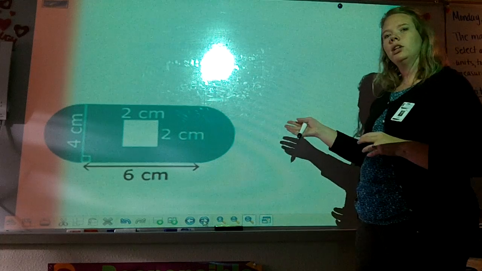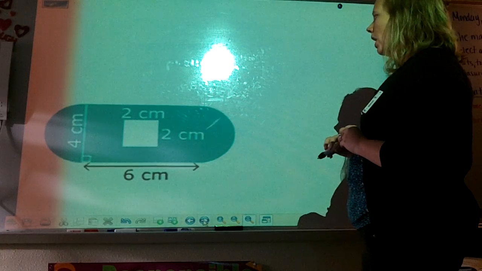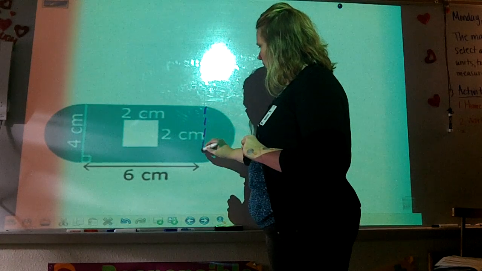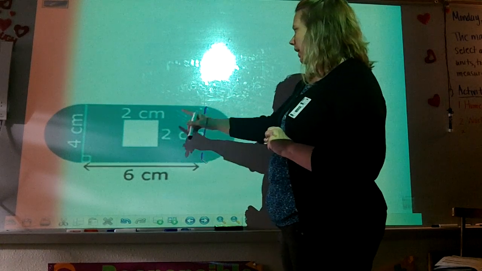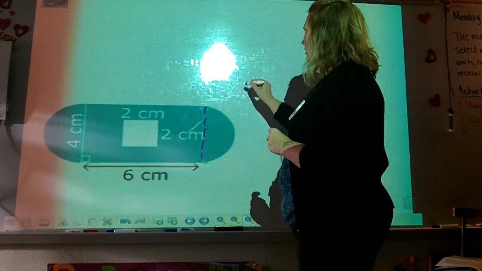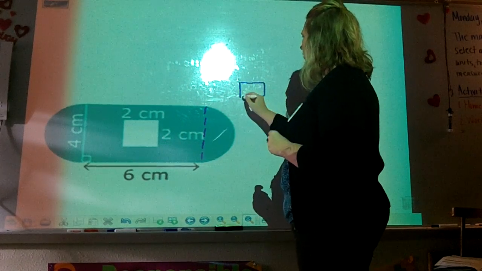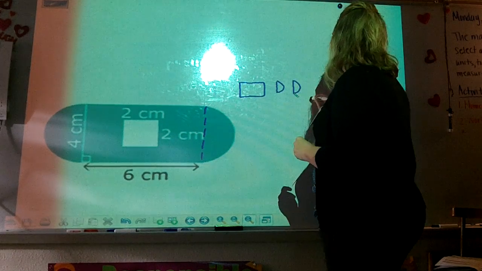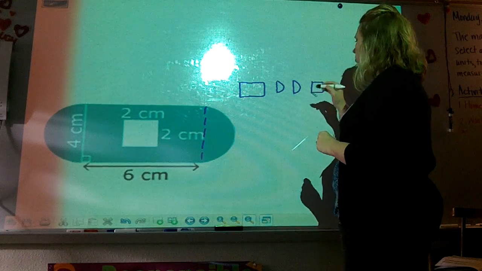Okay, you guys, when I look at this figure, I see a rectangle, 2 half circles, and a square.